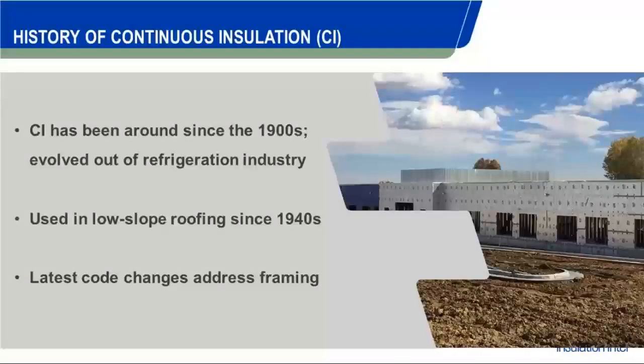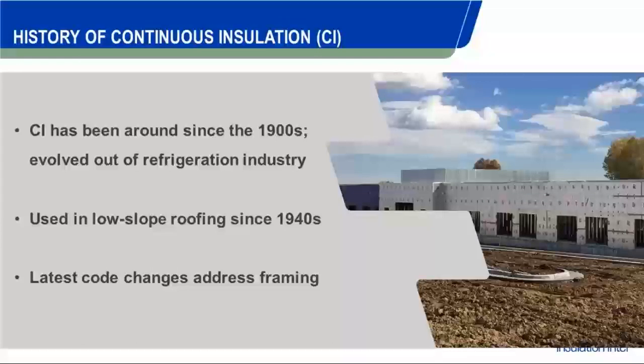Continuous insulation is not necessarily new in the building industry. It's been around since the 1900s. It evolved around the refrigeration industry, and if you've heard anyone refer to an ice box instead of a refrigerator, back in the day, I know that my grandmother had an ice box, and they would have to produce ice in a building and then transport it so that they could preserve food.